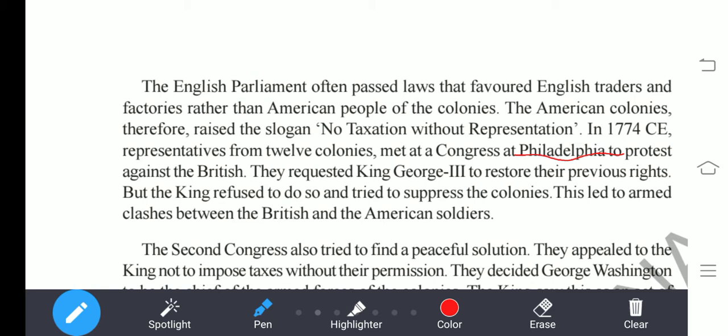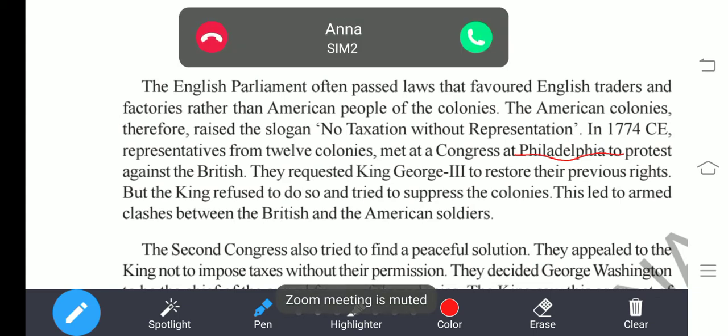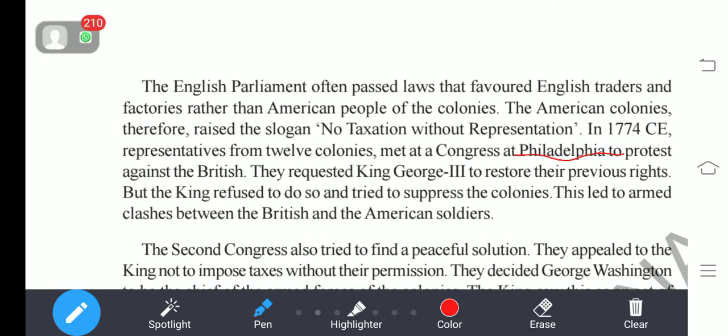So Congress is a formal meeting, not an informal one, for delegates, a discussion between a group of members, that was conducted in 1774 Common Era at Philadelphia.